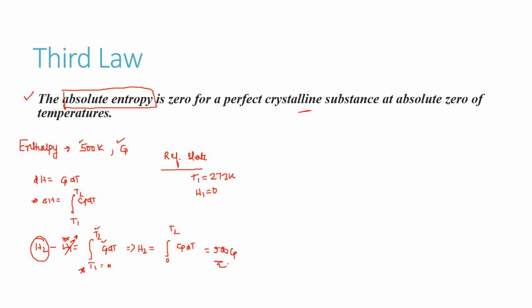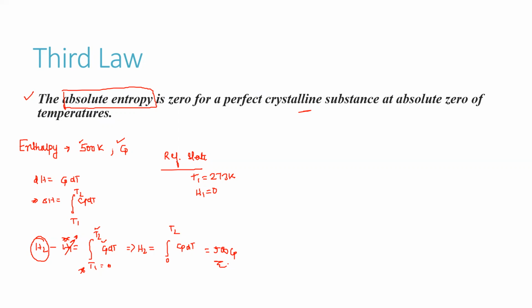But over here, we had to define the reference state. We needed a reference state. And this reference state would vary for different substances. For example, over here, we took water, so we defined the reference state at 273 Kelvin and took the enthalpy as 0. Let's say I take some other substance, such as carbon dioxide or nitrogen.